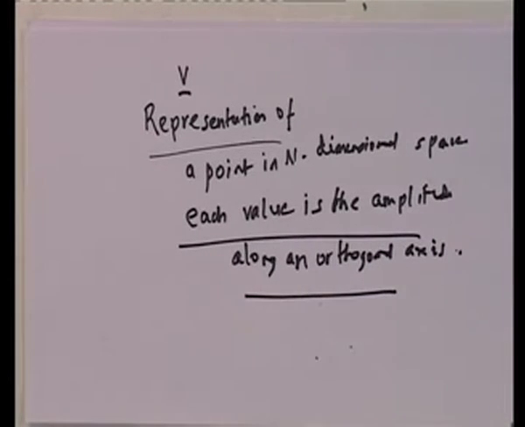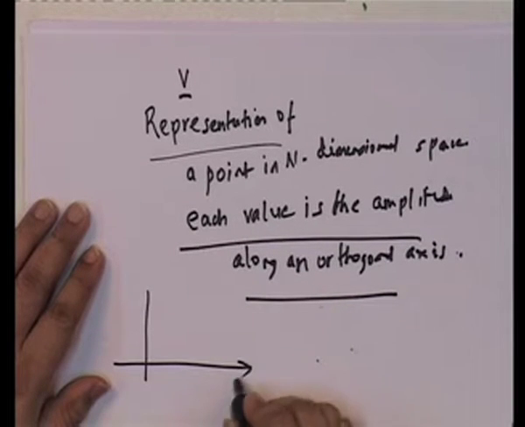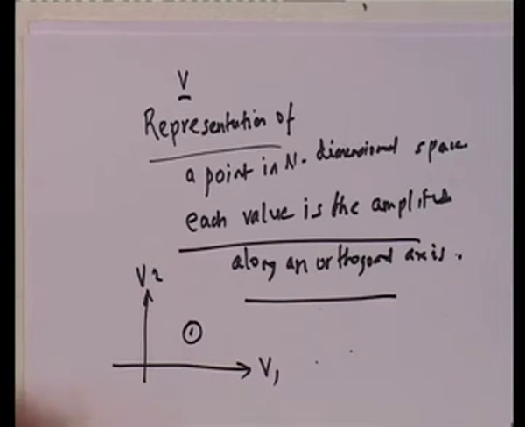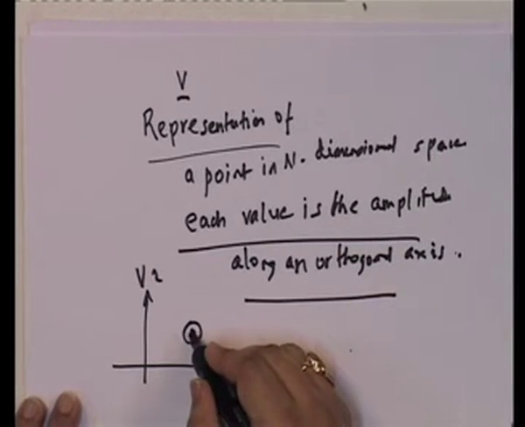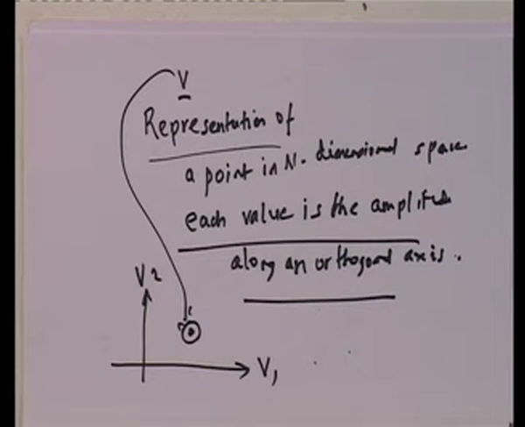Do you agree to this? I have already shown it. Specifically, if I show V1, V2 and I look at this point, it represents a displacement pattern. Okay? Of course, n dimensional space I cannot show it to you, but I can at least tell you that this is how it looks. Therefore, that is very important.